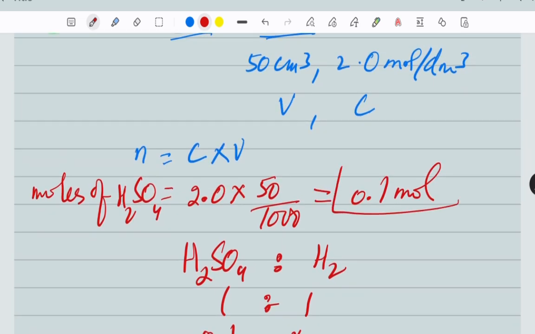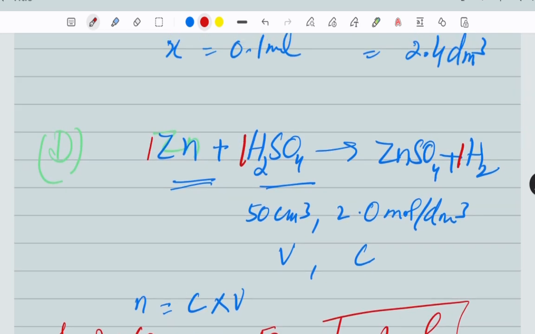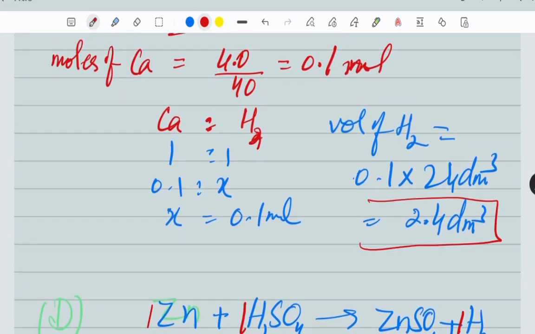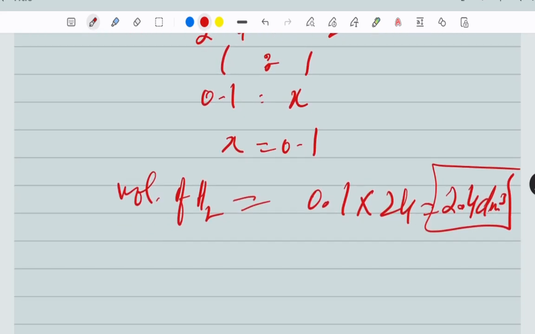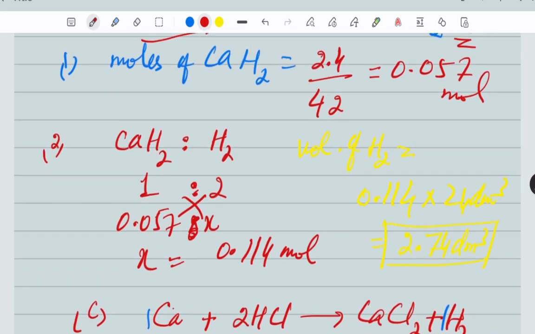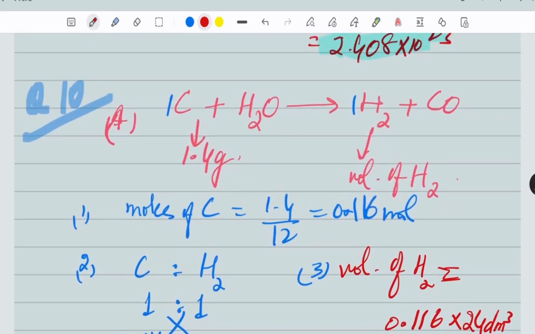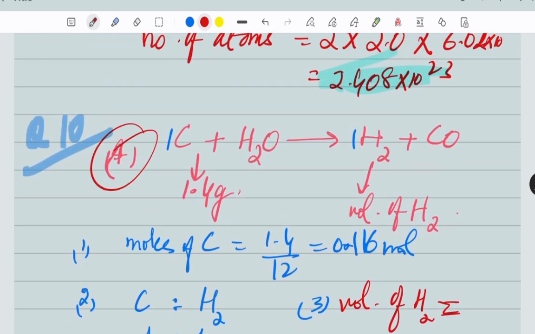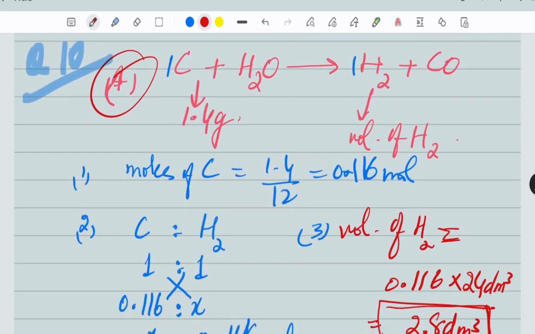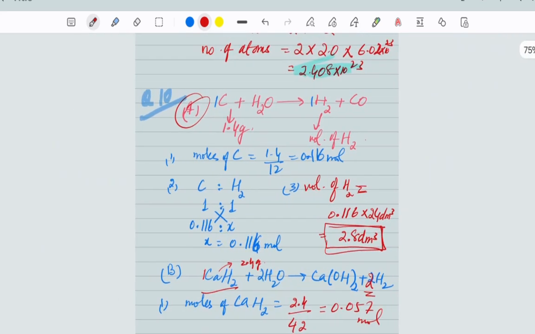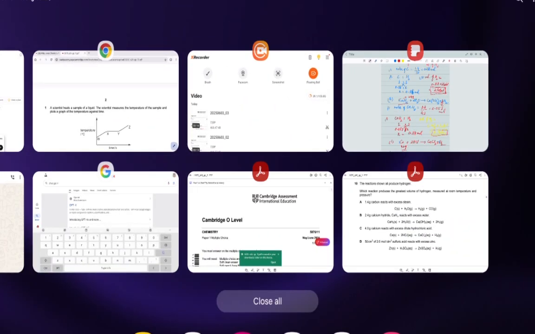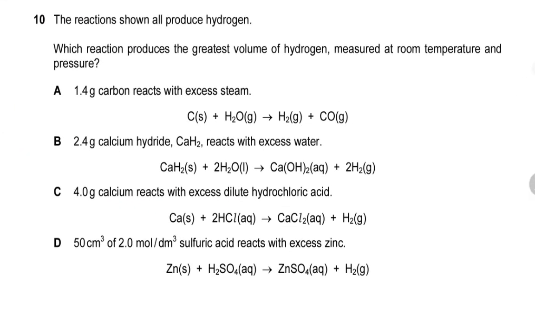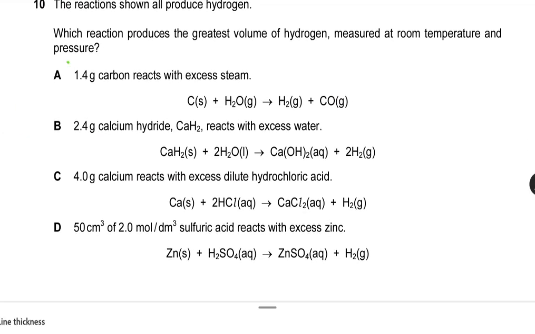Now check the answer. We have to check which reaction produces the greatest volume of hydrogen. Here is 2.4 and 2.74 here in B. 2.8 is the greatest number, that is option A. So correct option is A. We have completed all of the working.